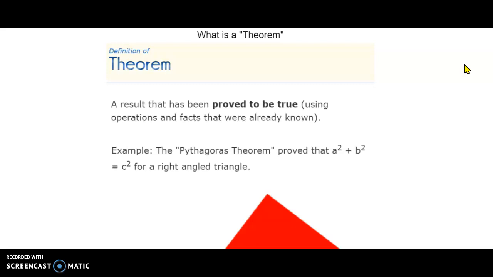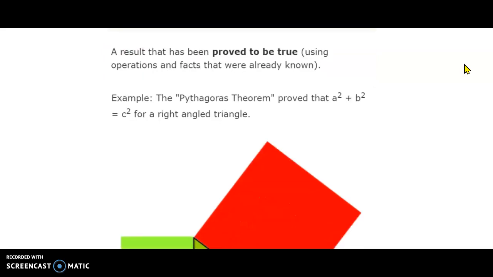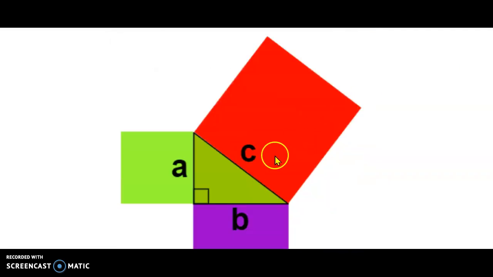For example, the Pythagorean theorem proved that a squared plus b squared equals c squared for a right-angled triangle. In other words, if you add up the squares of the legs, it becomes the square of the hypotenuse. The visual proof of the Pythagorean theorem looks like this.